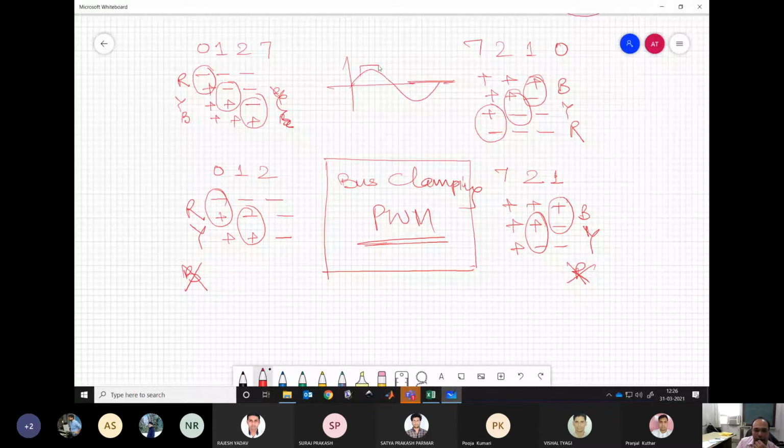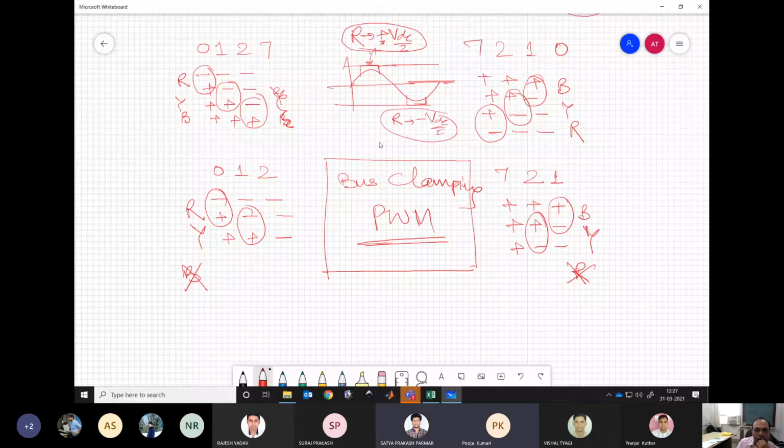This we are clamping for some amount of time to the maximum value. What is the meaning of that? When we clamp this to the maximum value, the value of R is plus VDC by 2 for this particular range. And R means any phase, whichever phase we are clamping. And for the negative peak, it is minus VDC by 2, isn't it? This is the meaning of clamping.